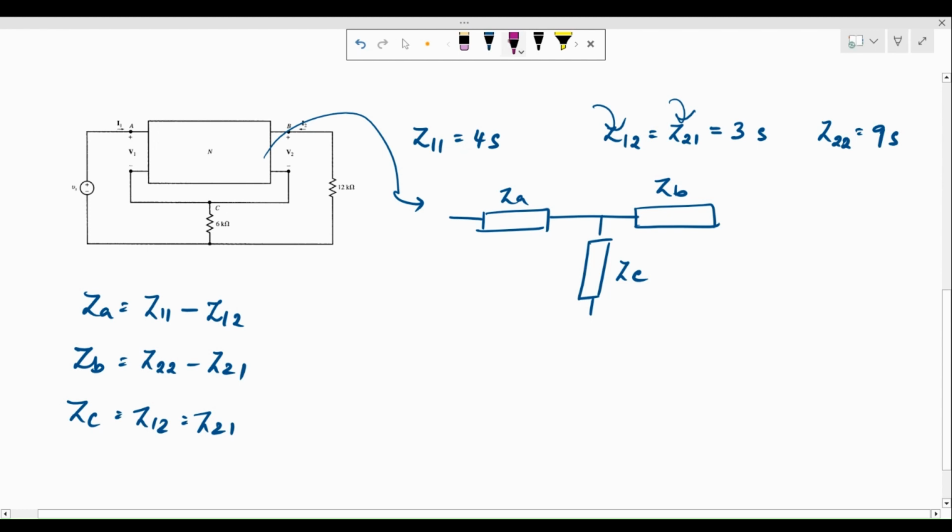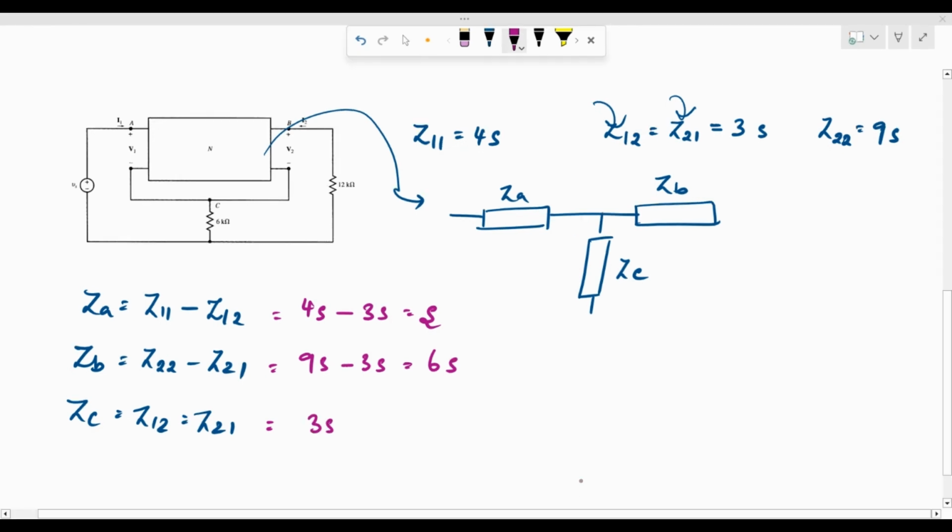Now just replace these values and we get 4s minus 3s, which is s. Here we get 9s minus 3s, which is 6s. And here we get 3s. So we can now redraw this network in this manner. s here basically means that this is an inductive element.